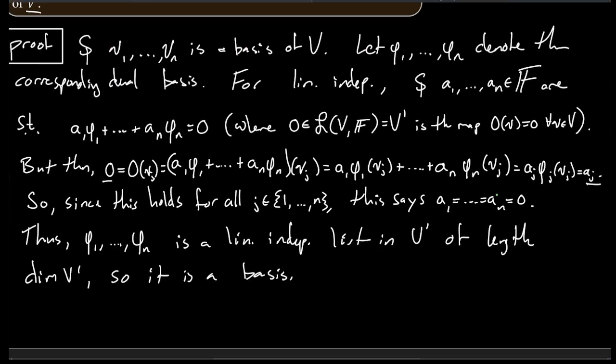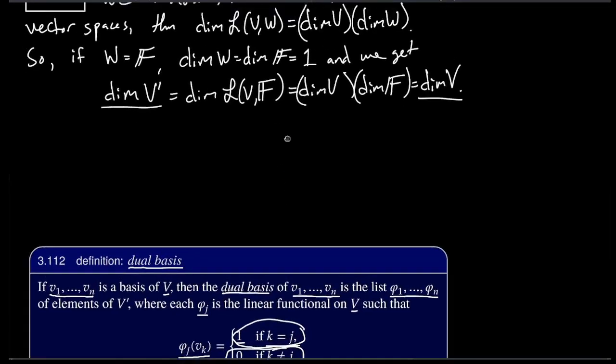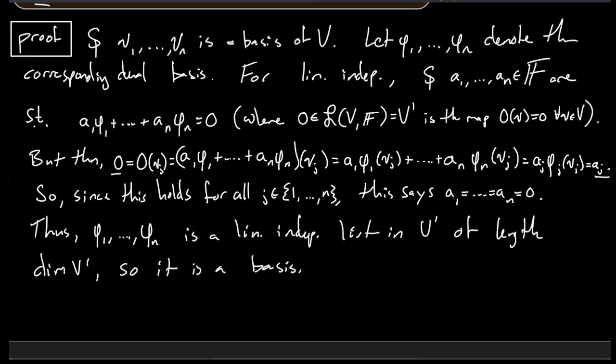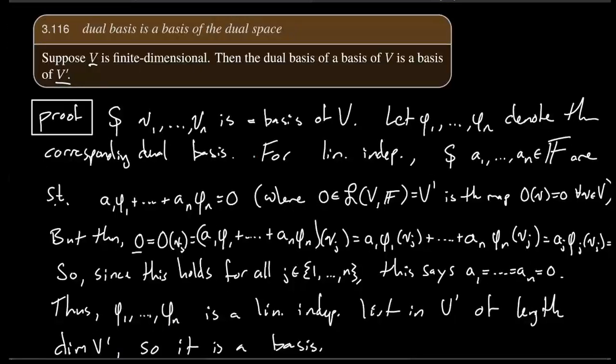Now we get a linearly independent list, and by one of the first things we proved, that the dimension of V prime is the same as the dimension of V, we have a linearly independent list of length dim V prime. So we have a basis. Excellent. We can take bases to bases by dualizing. Very cool. Let's look a little bit more at all of this and see if we can get a better sense for what's going on.